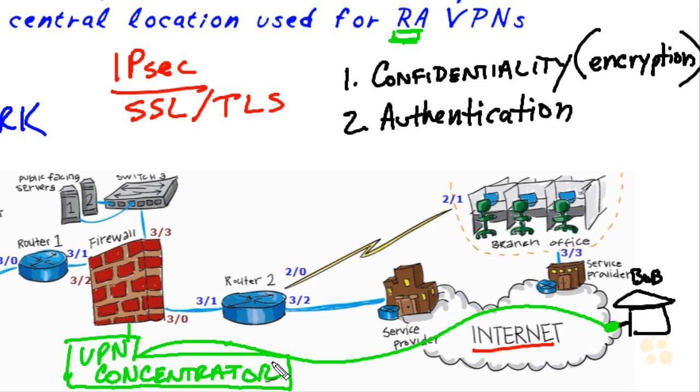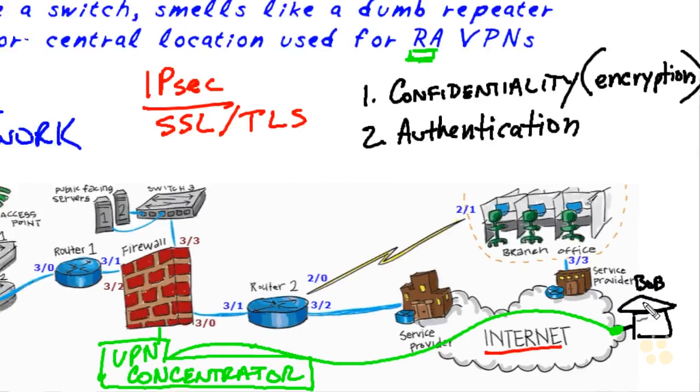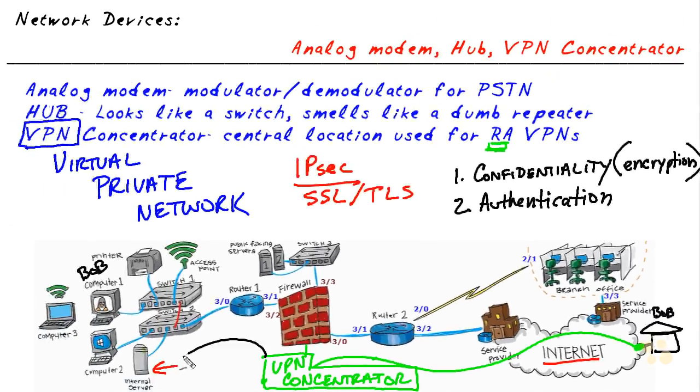And conversely, the VPN concentrator will also have the ability to authenticate Bob and verify that it really is Bob, the authorized user who is supposed to have access to the inside resources and who is authorized to build the VPN. And the reason it's called a VPN concentrator is because it could potentially support hundreds or thousands or tens of thousands of simultaneous remote access connections from users coming from all over the globe.